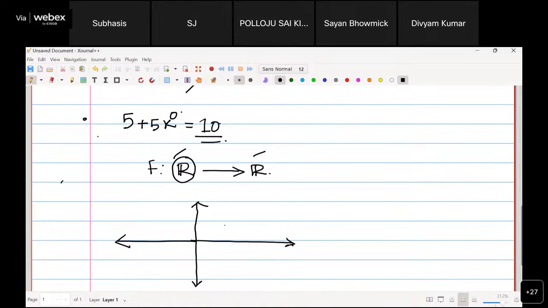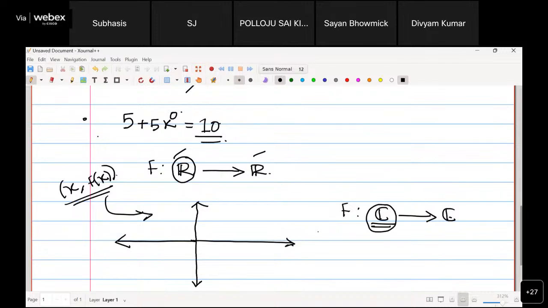When representing, I can represent this as the point (x, f of x). So I can represent it in a two-dimensional plane, correct? Yes, sir. But the problem is when you consider a function from C to C, complex to complex. Complex is basically a two-dimensional thing, a plus bi, right?